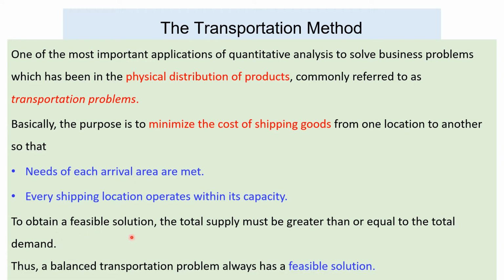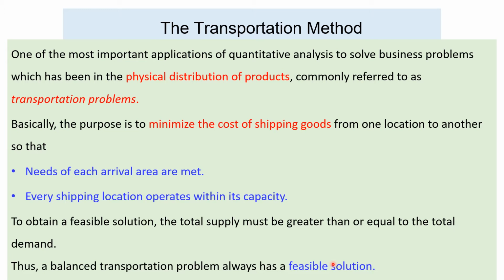To obtain a feasible solution, the total supply must be greater than or equal to the total demand. Or we can say a balanced transportation problem always has a feasible solution if the sum of the supply and the sum of the demand are equal.